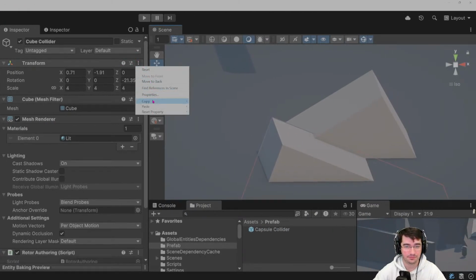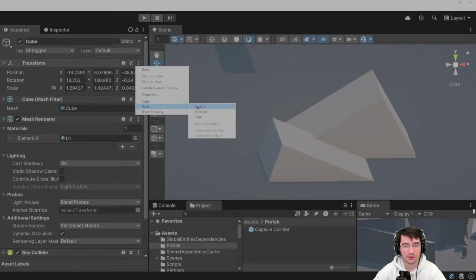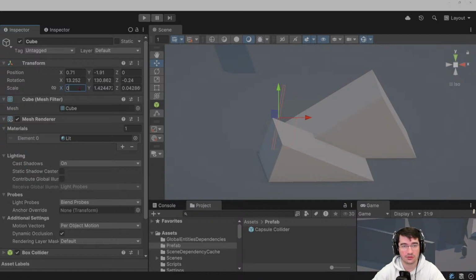Copy, position, paste, position, scale 1 1 1, position 0 0 0.